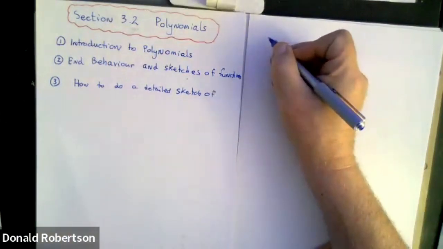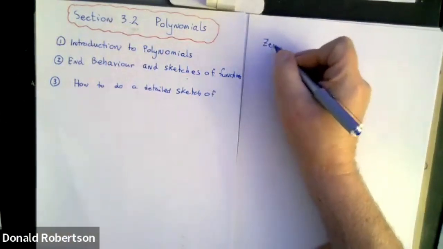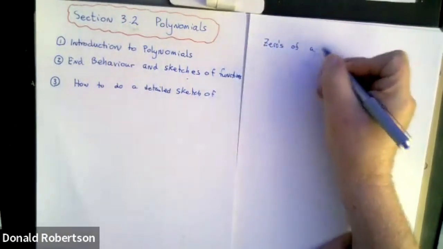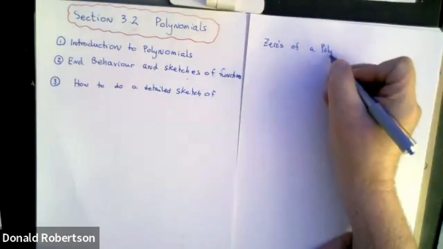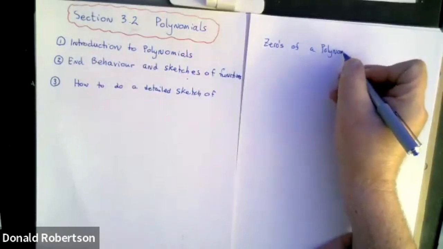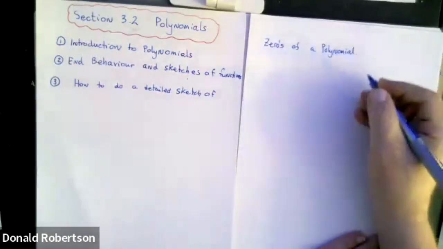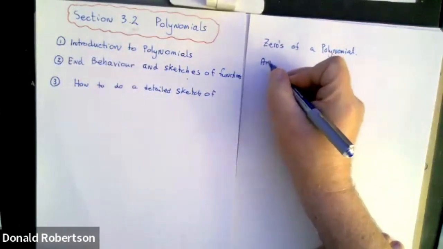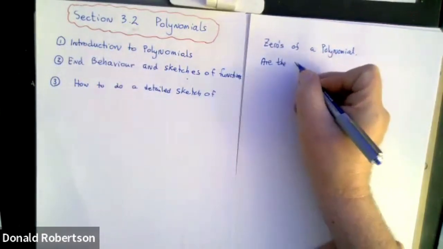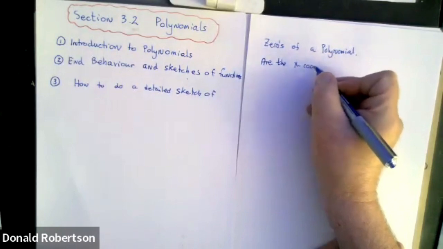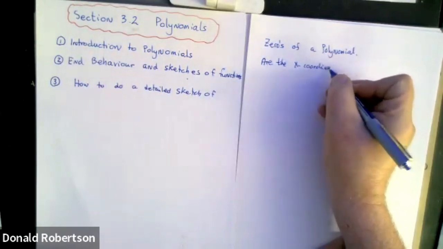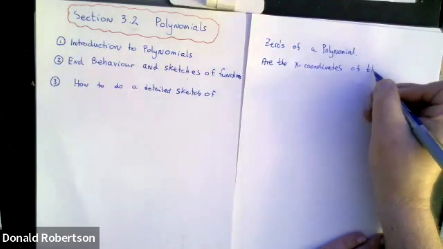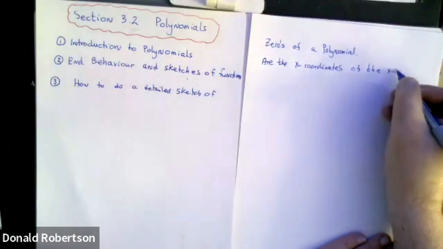Now, let's add some more information. We are now going to talk about the zeros of a polynomial. Basically, the zeros of a polynomial are the x coordinates of the x-intercepts.